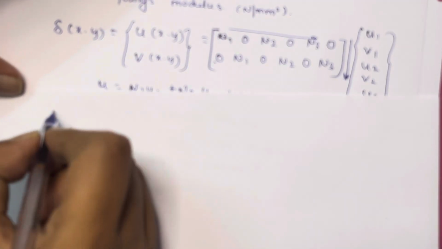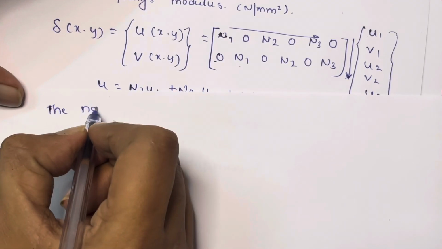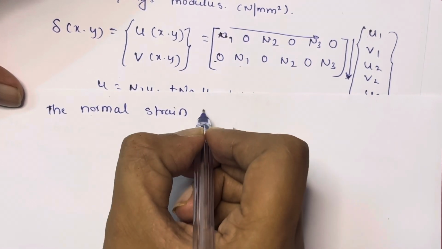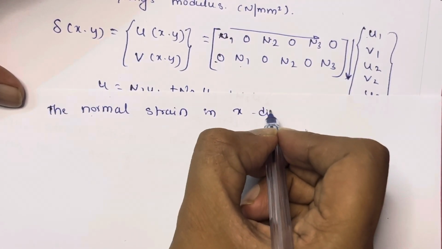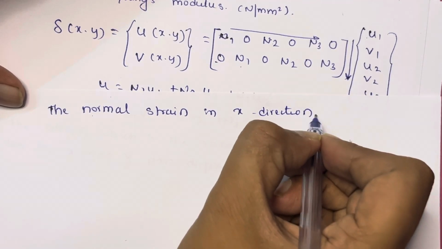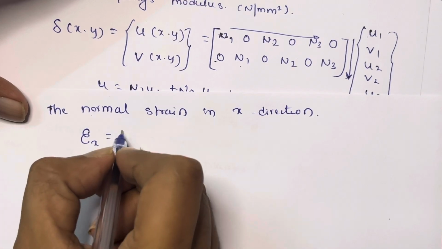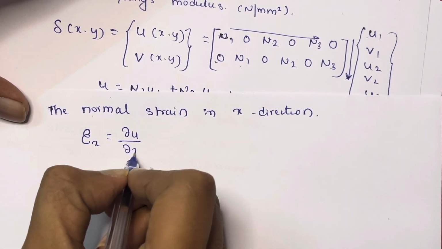First, the normal strain in x direction. The strain can be written as epsilon x equals dou u by dou x.